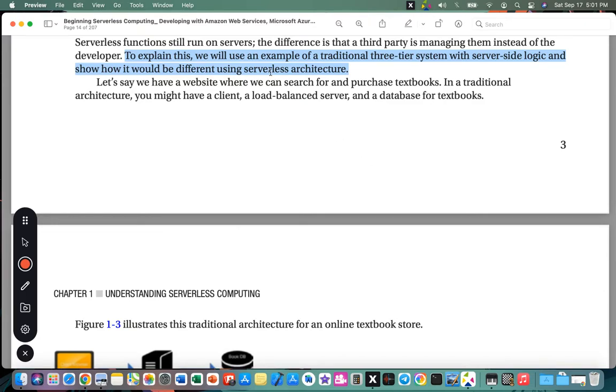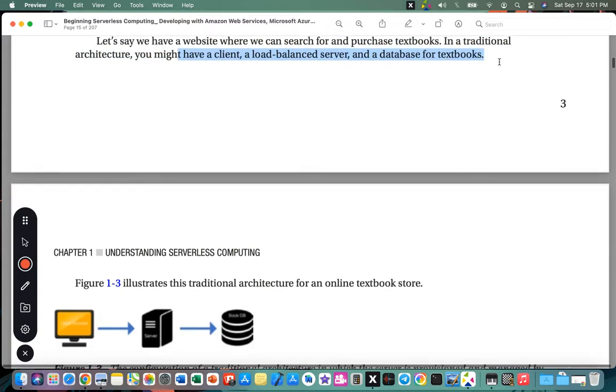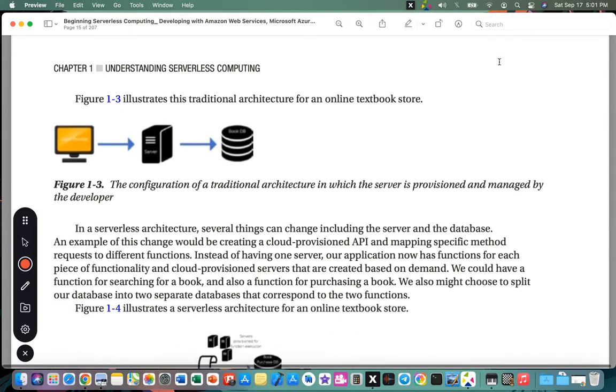To explain this, we will use an example of a traditional three-tier system with server-side logic and show how it would be different using serverless architecture. Let's say we have a website where we can search and purchase textbooks. In traditional architecture, you might have a client, load balancer, server, and database for textbooks, right?